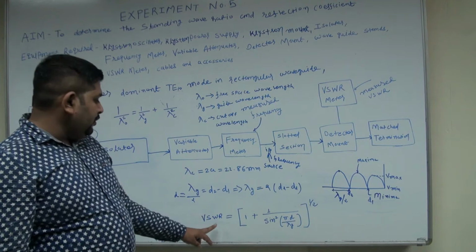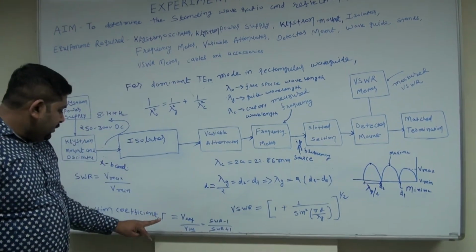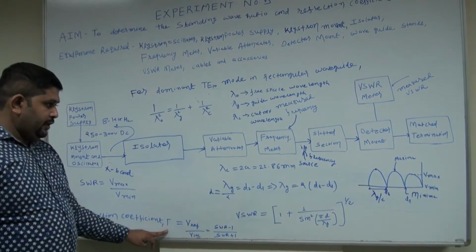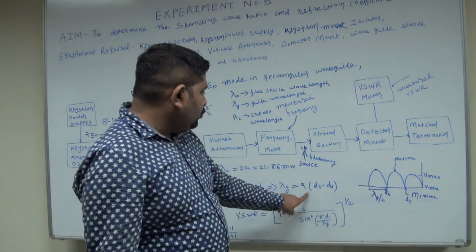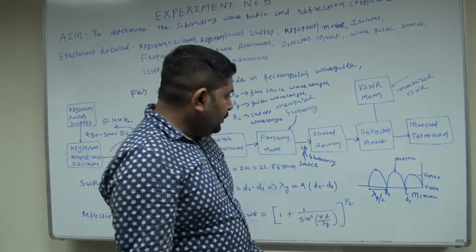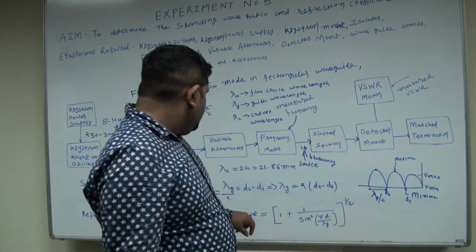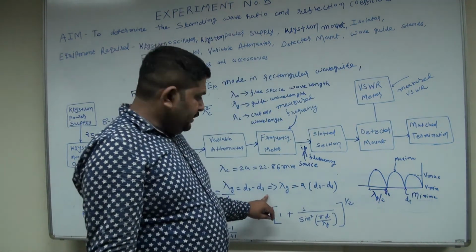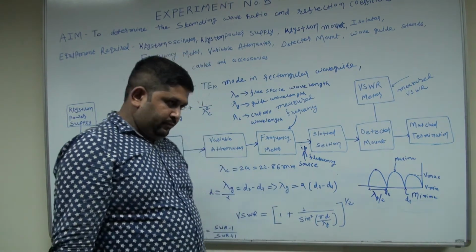Then you should calculate VSWR, and using this VSWR you should calculate the reflection coefficient. So d1 is your first minima and d2 is your second minima. So d is equal to d2 minus d1 and lambda g is equal to 2 into (d2 minus d1).